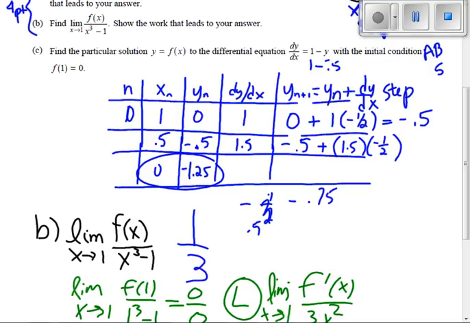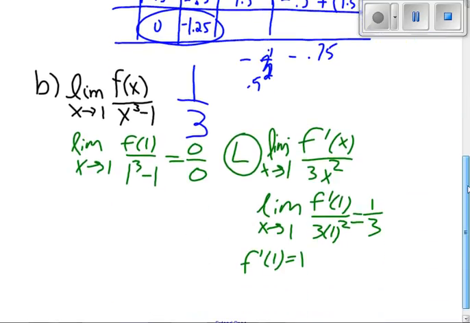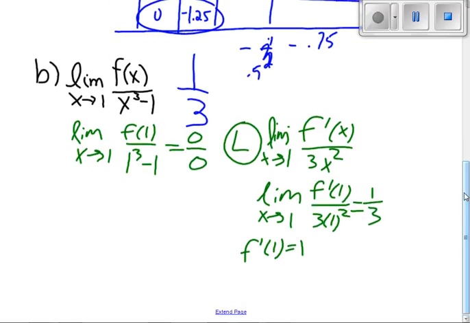Where are we given f prime? dy/dx is 1 minus y. Then you should have plugged in, substituting 0. There is no x value. It's 1 minus y, y is 0, so it's 1. That'll be 1/3, so it's 1 1/3.